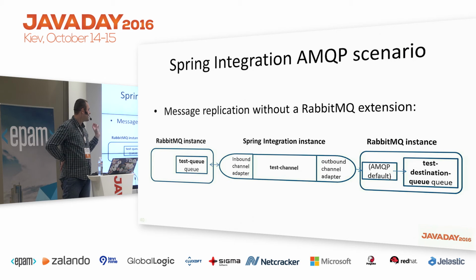That message is sent over to a test channel, which is a Spring Integration specific bean that is like a pipe that allows us to process messages through. When we send that message to a test channel, it is read by an outbound channel adapter and sent to another RabbitMQ instance. So this is how you can create replication between two RabbitMQ instances using Spring Integration.